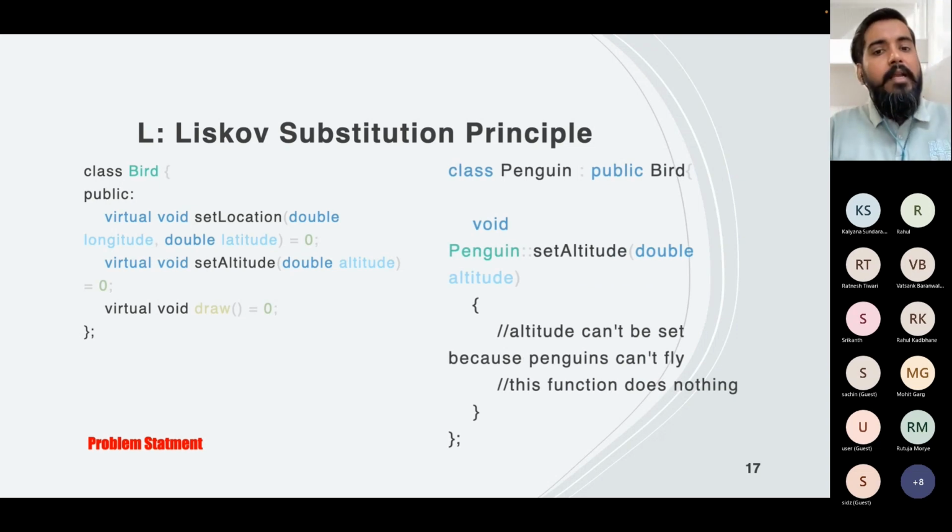You can derive all your birds from this bird class. But there comes one penguin, which is a bird, but it cannot fly. Because you are deriving from bird, you have to add set altitude, but you will not provide any definition because altitude does not make sense with a penguin, which is not good, right?